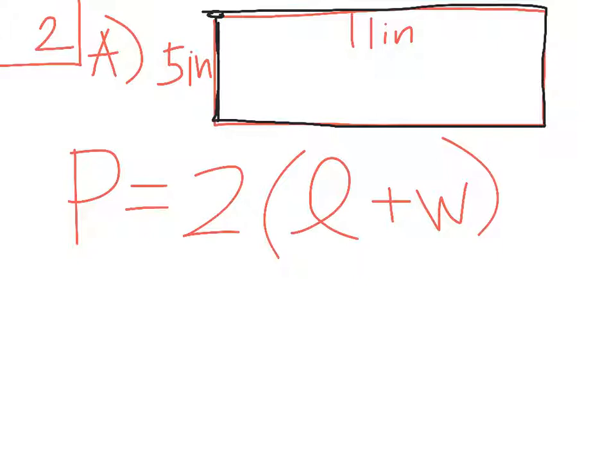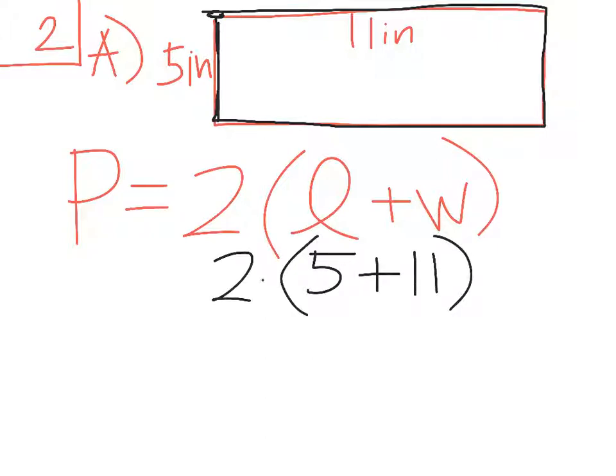That is the perimeter. But what they're wanting you to do in this particular example or this section is use the formulas. So we're going to use this formula, P equals 2 times L plus W. L is 5, W is 11, or vice versa. You could have 11 plus 5 there.